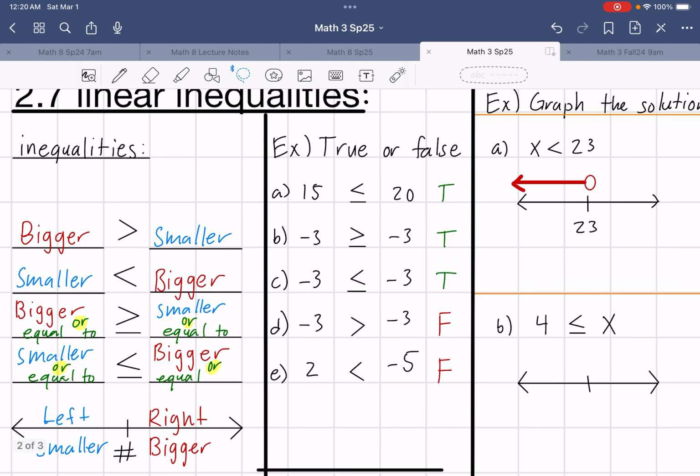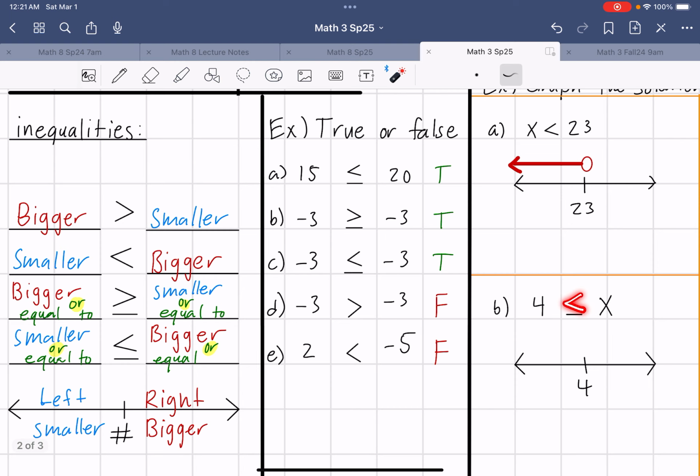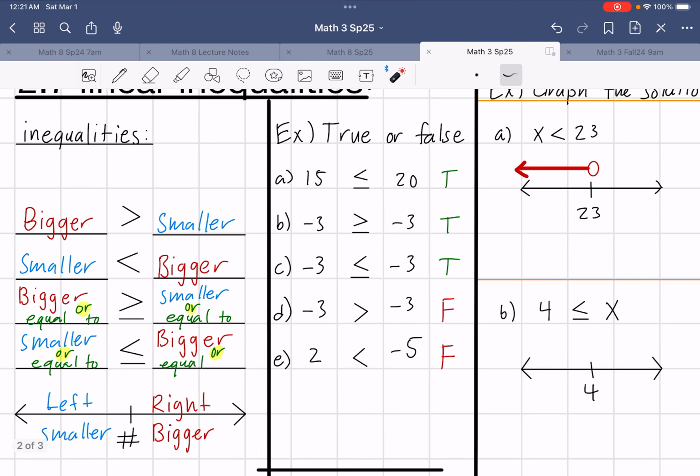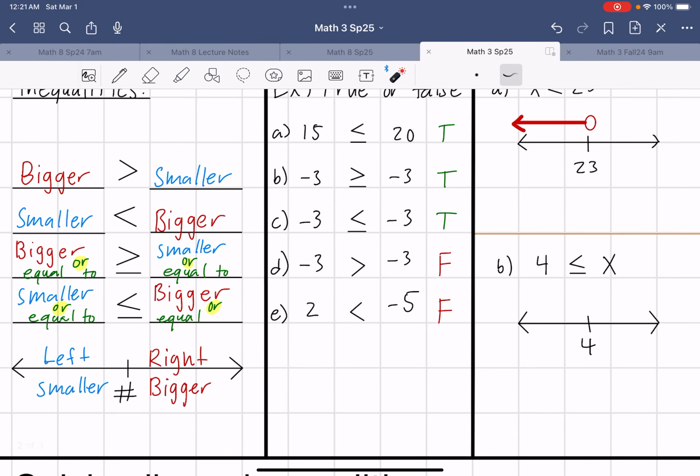Let's look at another example. And this one's a little different. The only number I have to reference is 4. Now, if you notice, don't focus on what direction. A big misconception that people have with inequalities is, oh, my graph must be in the direction that the symbol is pointing. That couldn't be further from the truth. Sure, that might seem true for this first example, but that's not always the case. For example, here it says x has to be bigger than 4.